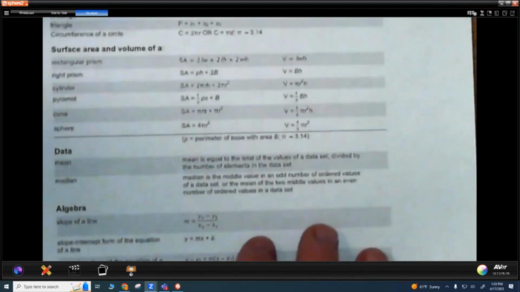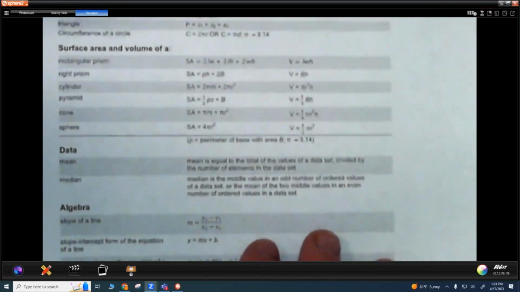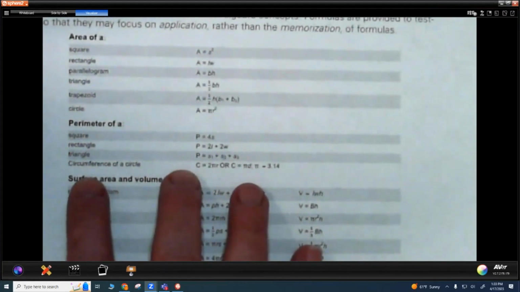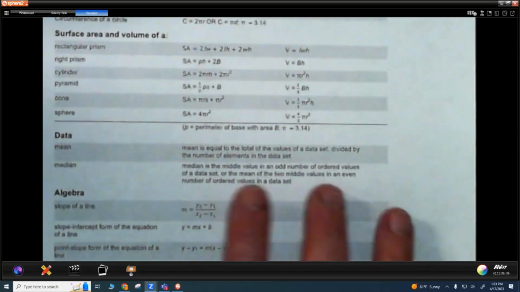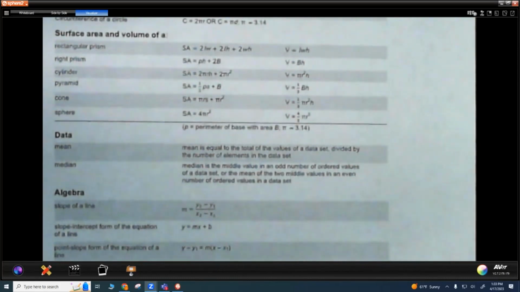Just like with our two-dimensional formulas that are going to come in handy, we're basically going to use the same approach with our 3D shapes when we encounter a problem.